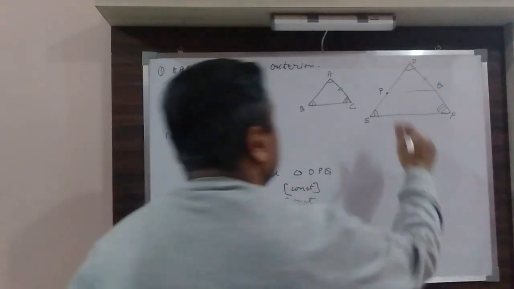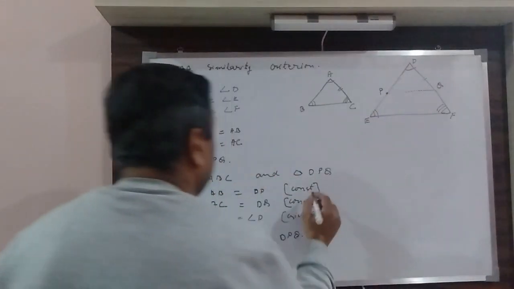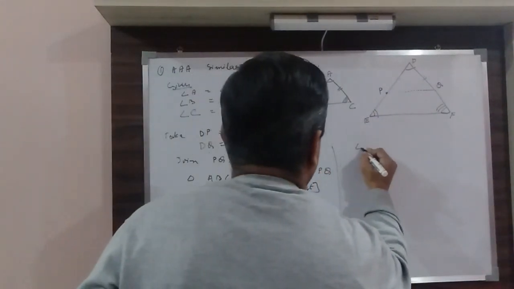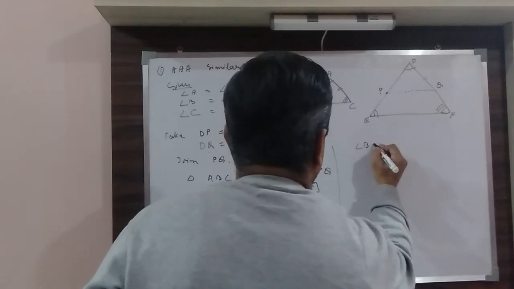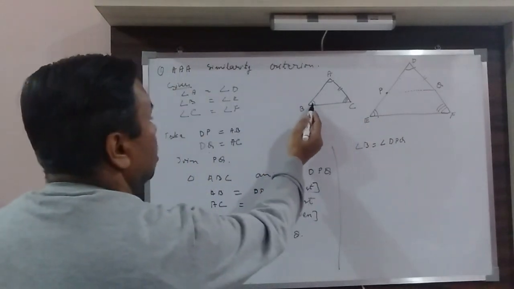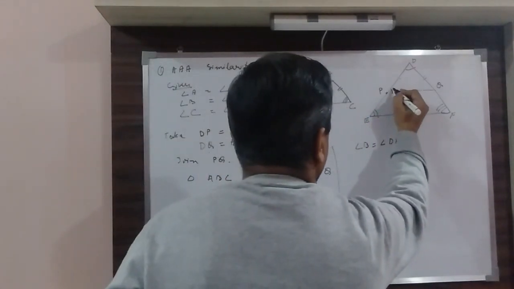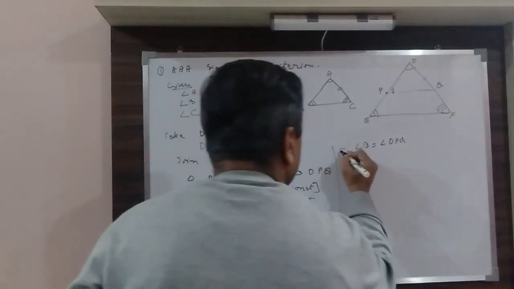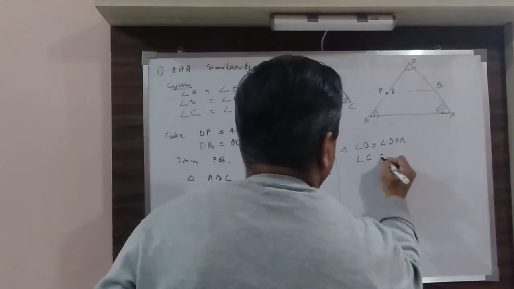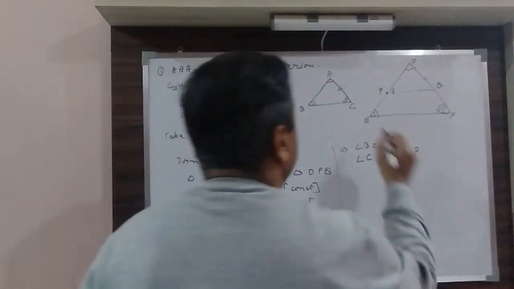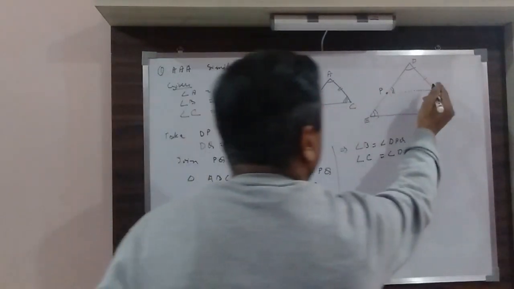That means angle B is equal to angle DPQ. This is also the same angle. Also, angle C is equal to angle DQP. That means this angle C is equal to this one.